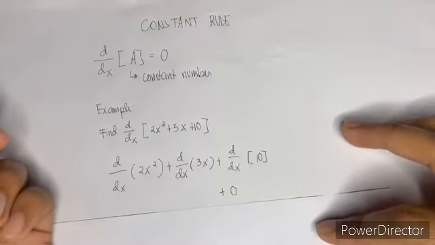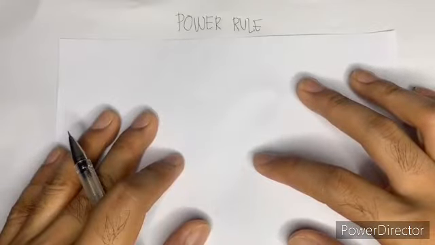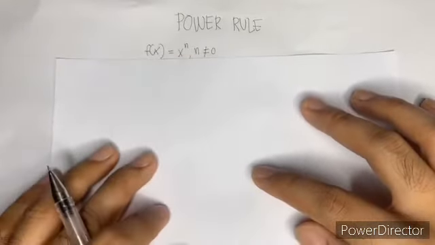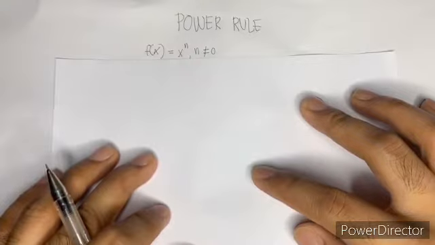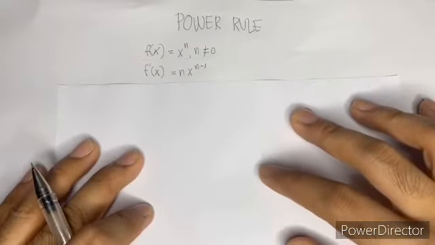That's the constant rule. Next rule is the power rule. So, ang power rule in the form of f of x is equal to x raised to n such that n is not equal to 0. So, ang derivative niya, f prime of x is equal to n x raised to n minus 1.